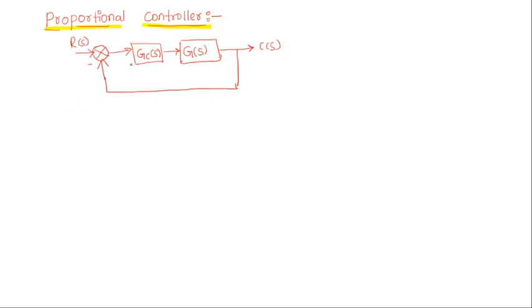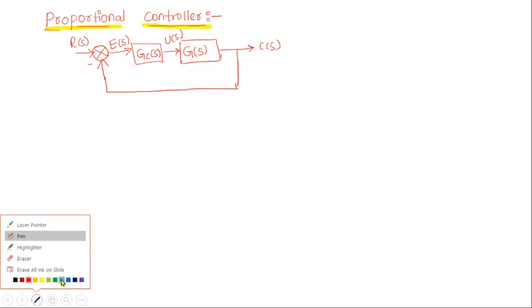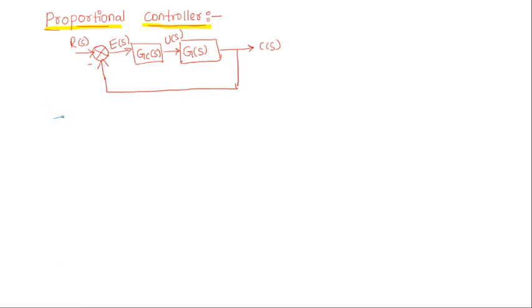For example, if Gc(s) is the controller transfer function, the output of the controller is the actuating signal U(s), and the input to the controller is the error signal E(s).